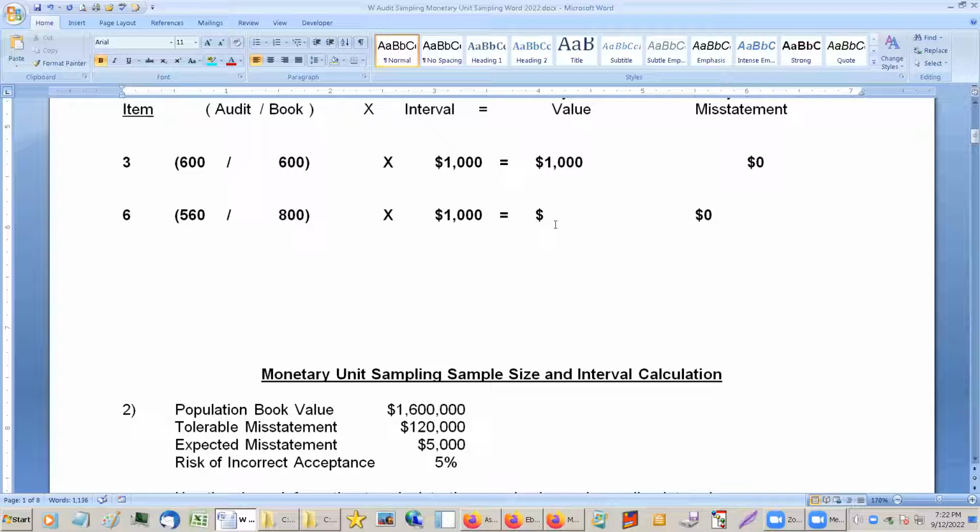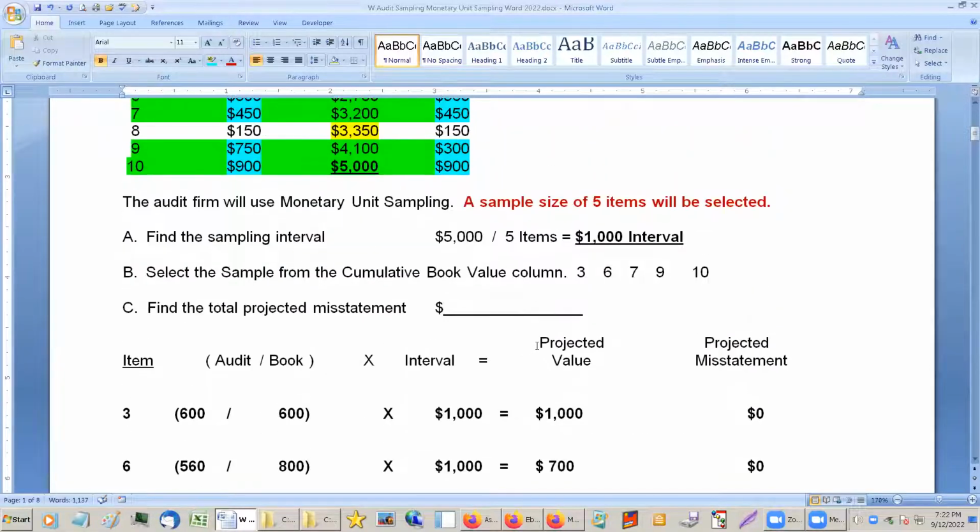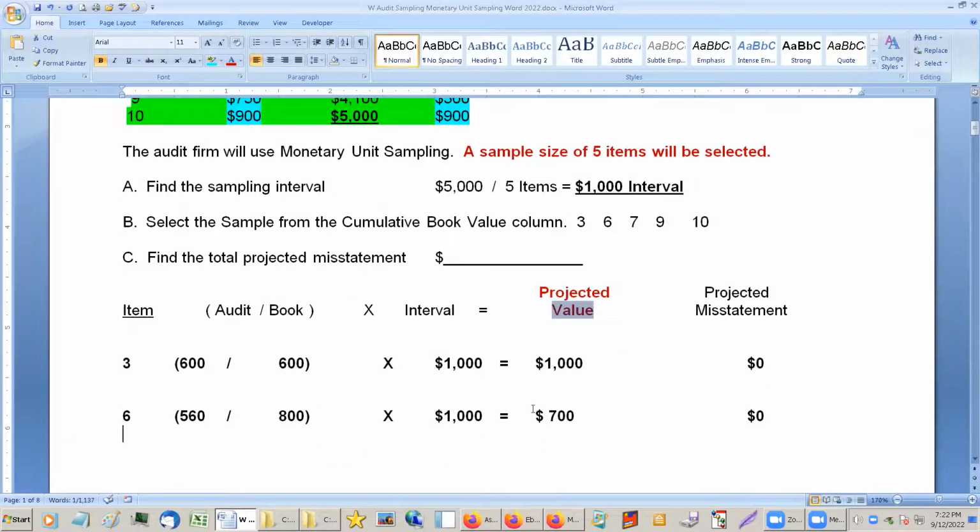So out of that 1,000, the projected value, what we think it's worth, is 700.